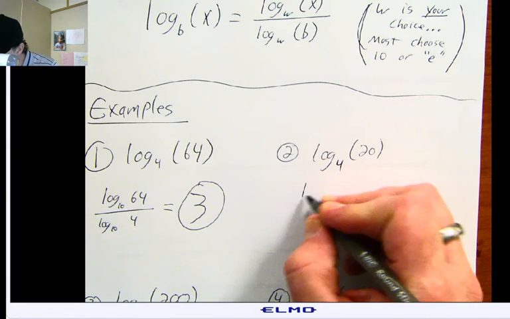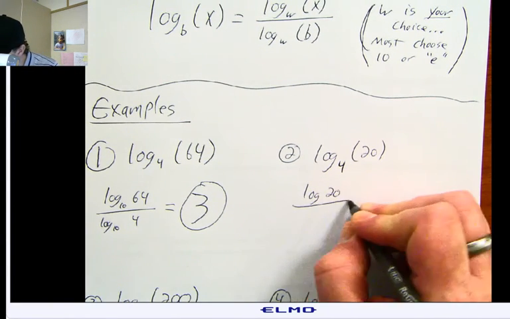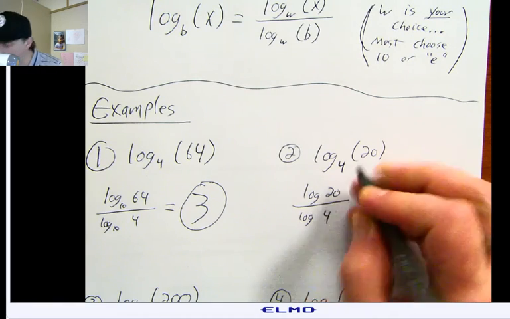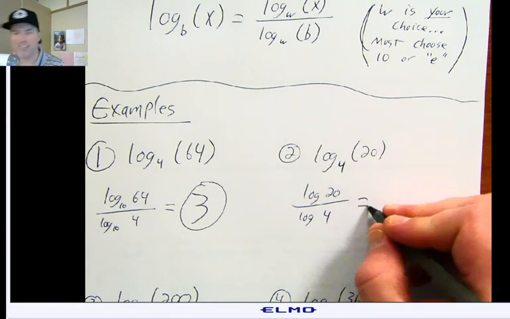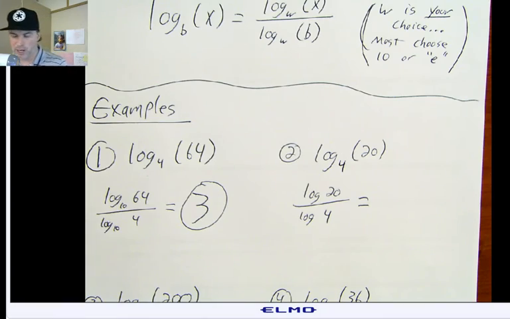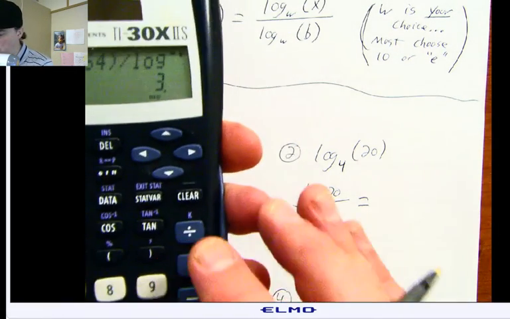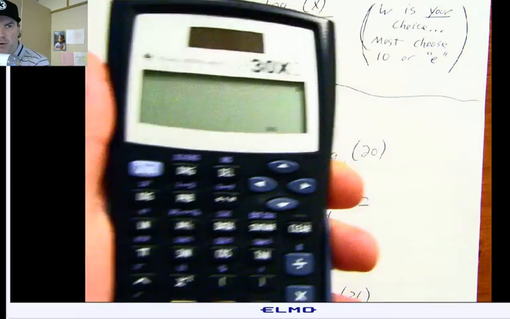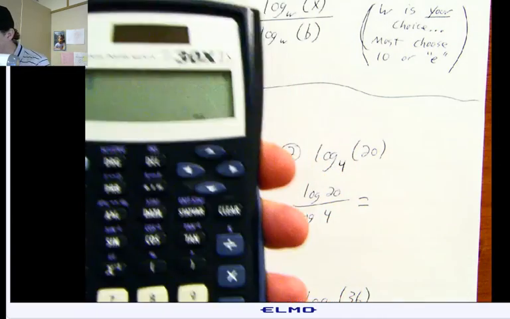If I use change of base, it would be log of 20 divided by log of 4. This time I'm not going to write the 10 because the 10 is assumed if you do not write it. And if I type this into my calculator, I'm looking for an answer somewhere between 2 and 3, closer to 2.